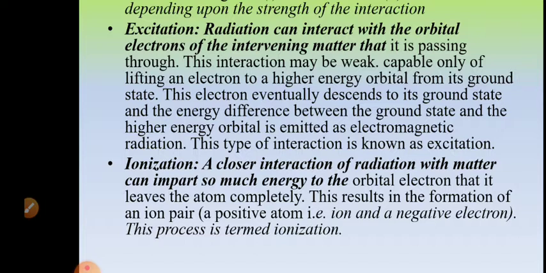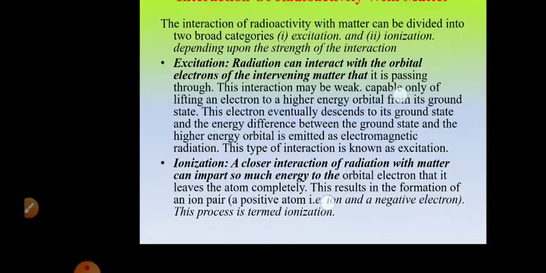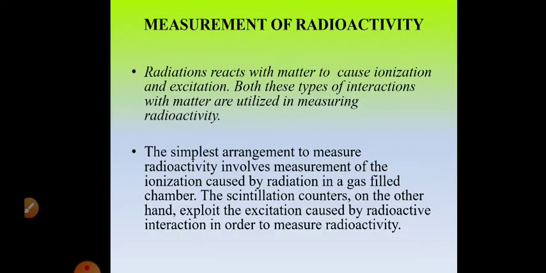This results in the formation of an ion pair, a positive atom and a negative electron. This process is called ionization. Ionizing radiations are generally measured using gas filled tubes.